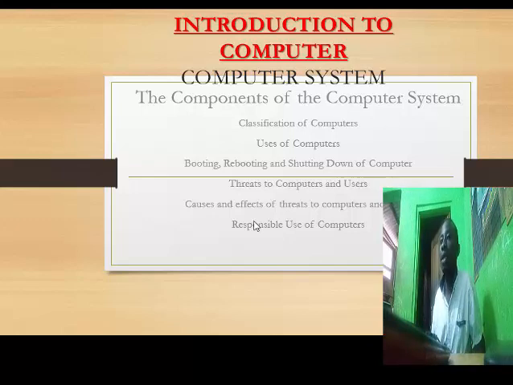Now you can talk about the computer system. It's made up of the following components. We have the hardware component, we have the software component, and you have the user component. It produces interaction between the user and the computer.